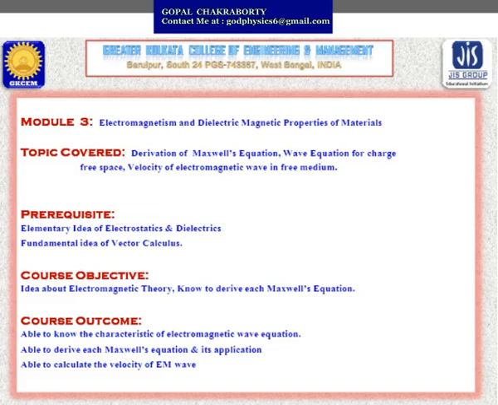Prerequisite for this course: elementary idea of electrostatics and dielectrics and fundamental idea of vector calculus. The course objectives are an idea about electromagnetic theory and knowing how to derive each Maxwell's equation.